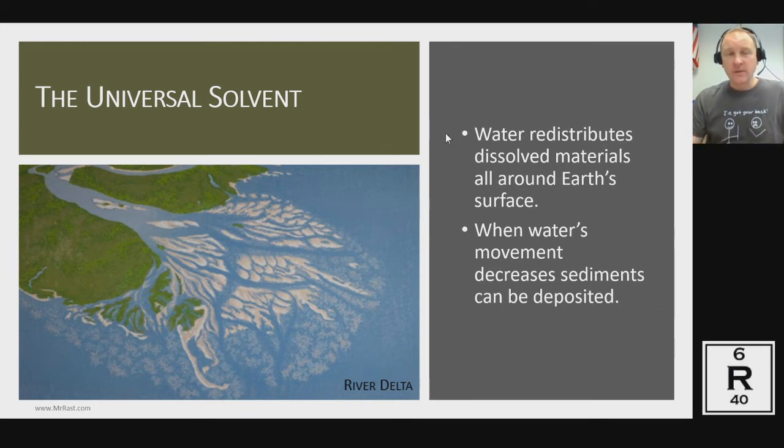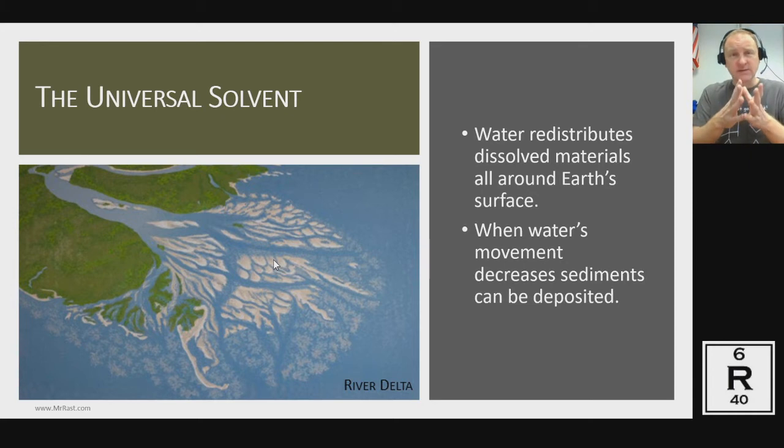Geographically speaking, water distributes dissolved materials all around Earth's surface. When water's movement decreases, sediments can be deposited. So, just like stirring that glass of water, a river is moving fast and it can have a lot of sediment in it. And when it gets to a large body of water, it doesn't continually move fast, just keep moving like a river inside of an ocean. It will disperse out and slow down.